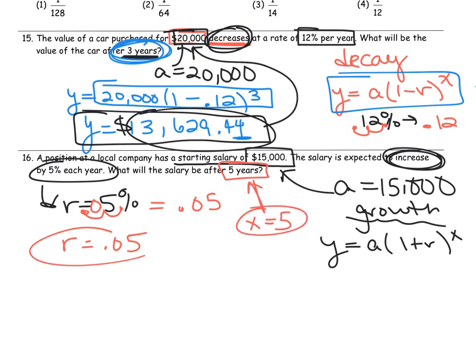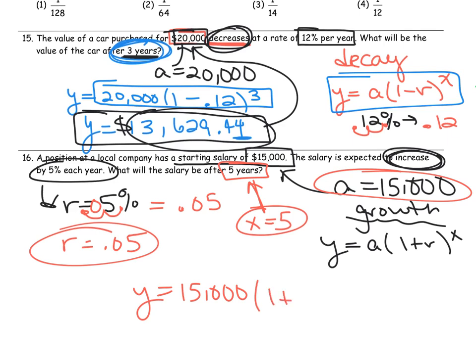We have all of our pieces to plug in. So I have y equals 15,000 times 1 plus our rate of 0.05 to the 5th. And now when you type that into your calculator, you should get y equals 19,144.22. Again, we round to the nearest penny.